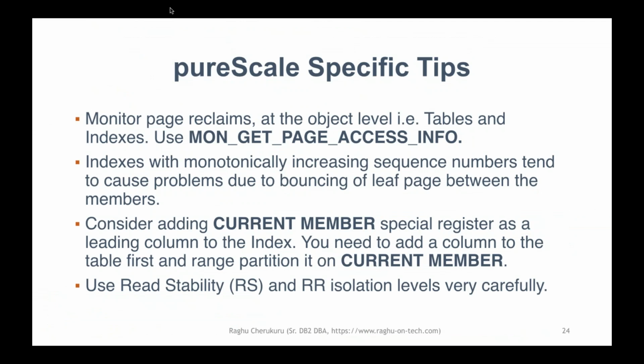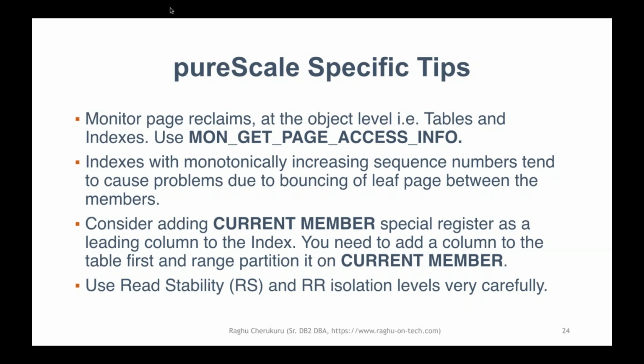Then we'll go over some of the pureScale specific tips. Lately, I have been working in pureScale environments quite a bit, and I have uncovered a few issues. And also I discovered some of the best practices by burning my hands. So I thought of sharing them with the audience.